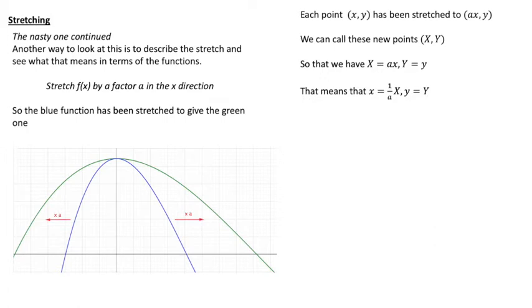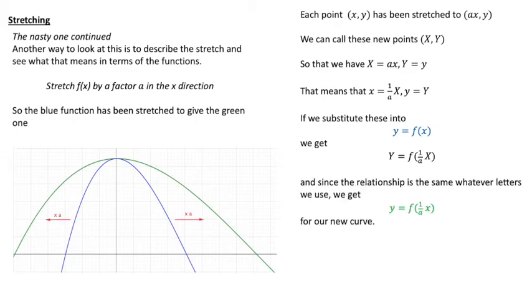That means that little x is 1 over a times big X, and little y is big Y. And we can substitute them into y equals f of x. That gives us y equals f of 1 over a times big X, and because the relationship is the same, whatever letters we use, that becomes little y equals f of 1 over a times little x for our new curve. So we can see that a stretch by a factor of a actually gives us, in terms of a function, the function f of 1 over a times x.